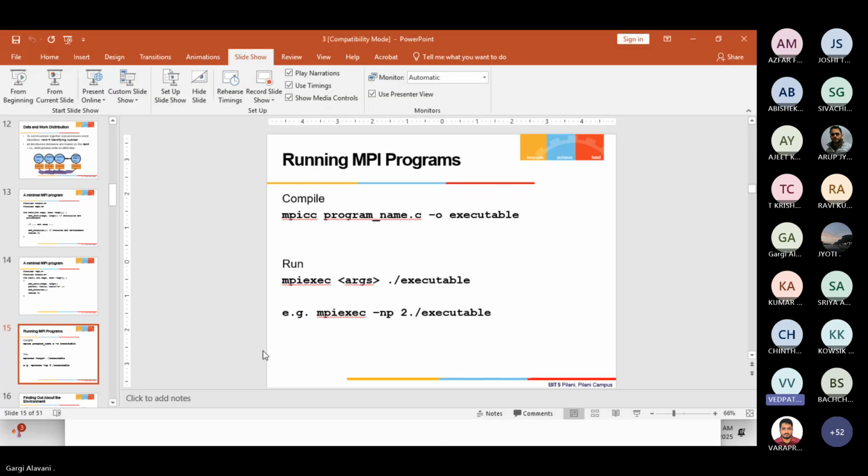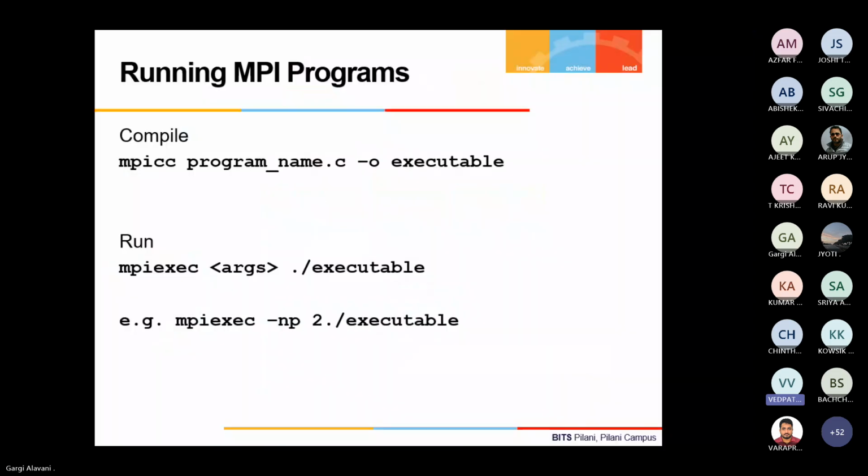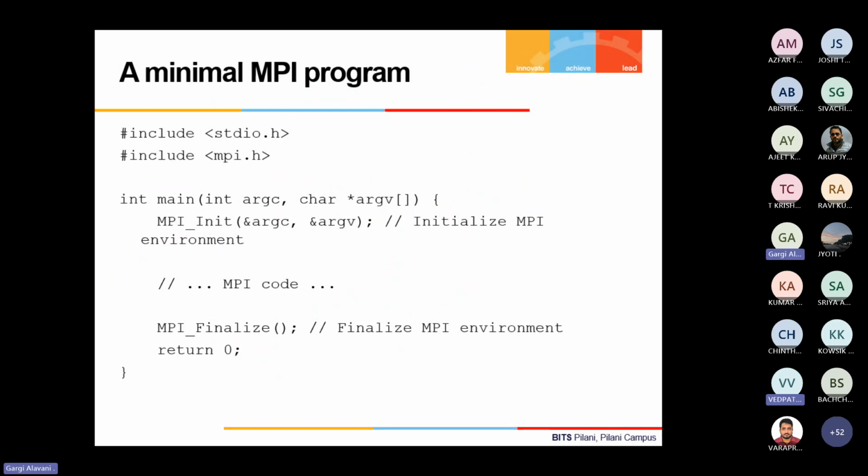Can you talk about what MPI_Init and MPI_Finalize do in a nutshell, as in what kind of initialization is required, and at the time of finalization, what cleanup activity is done? Yes. MPI_Init is a function which takes the arguments, if any are required, and it initializes the MPI environment so that you are able to use the MPI functions that are available to you.